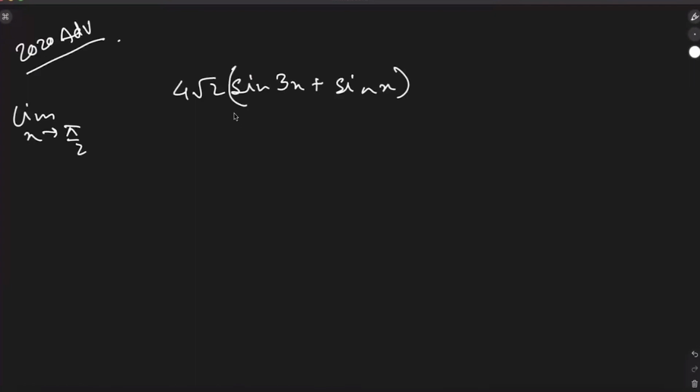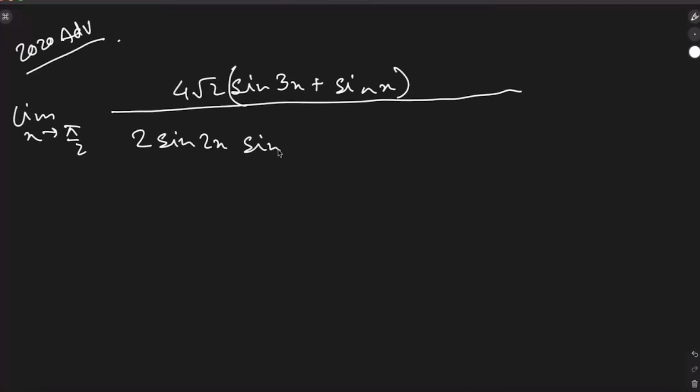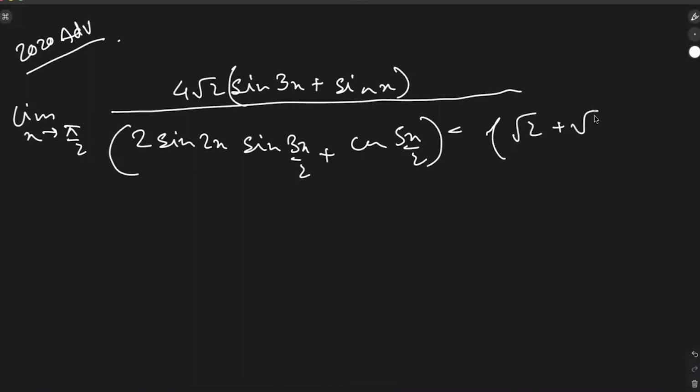All right. In the denominator, what do I have? 2 sine 2x sine 3x upon 2 plus cos 5x upon 2, and minus root 2 plus root 2 cos 2x plus cos 3x upon 2. Okay, so this is the question.